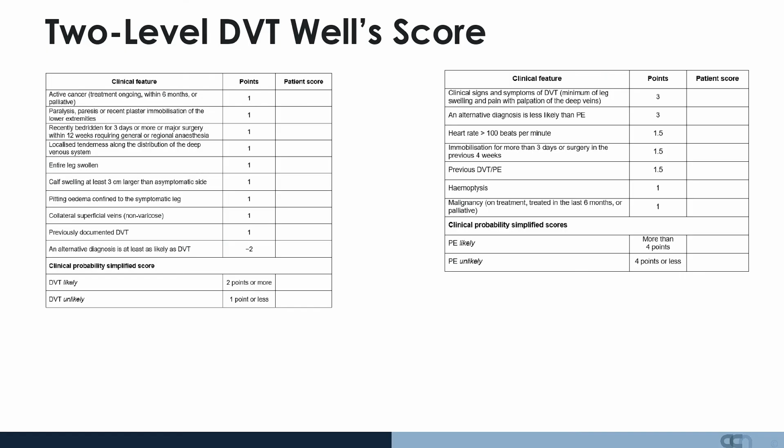The 2-level Wells score for DVT: a patient scores 1 point for active cancer or treatment ongoing within 6 months or palliative, 1 point for paralysis, paresis or recent plaster immobilization of the lower limbs, a point for whether the patient has been recently bedridden for 3 days or more or has had major surgery within 12 weeks requiring general or regional anesthesia.